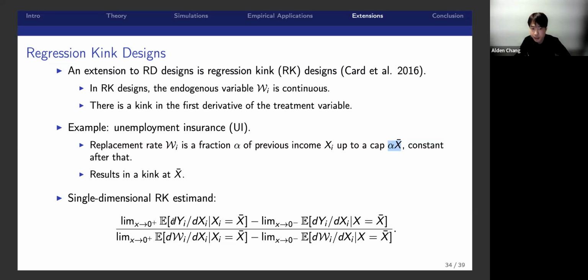But instead of the CEF of the outcome, we are looking at the first derivative. So the discontinuity in the first derivative of job finding probability divided by the discontinuity in the UI benefits formula in the denominator.